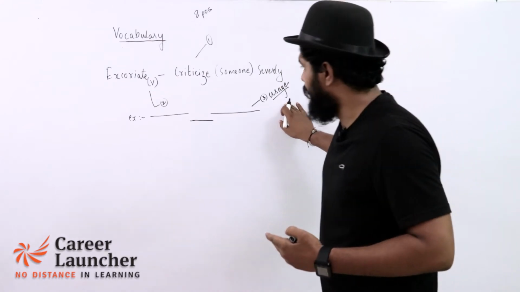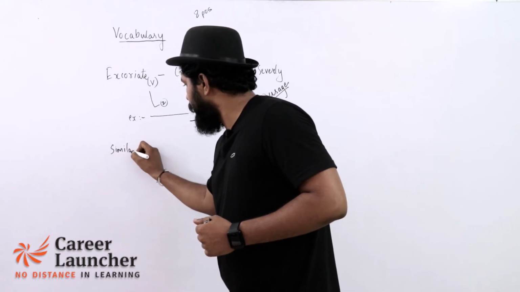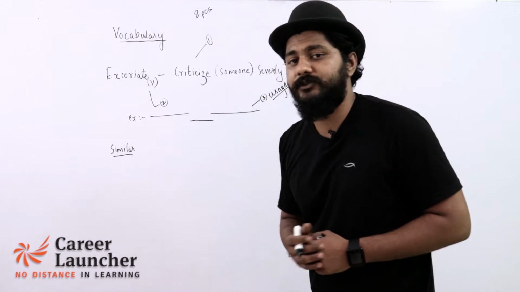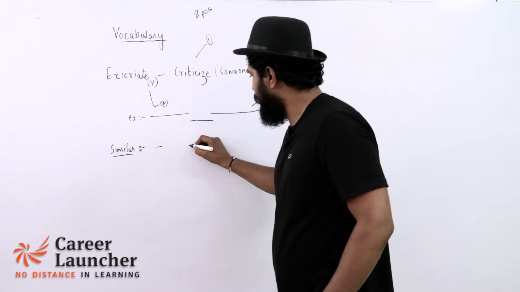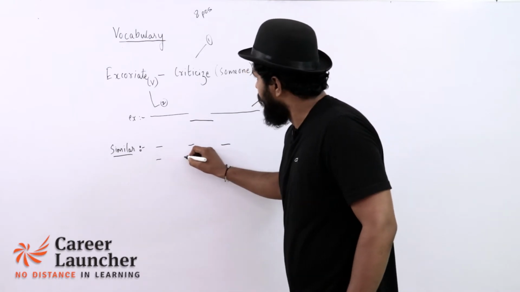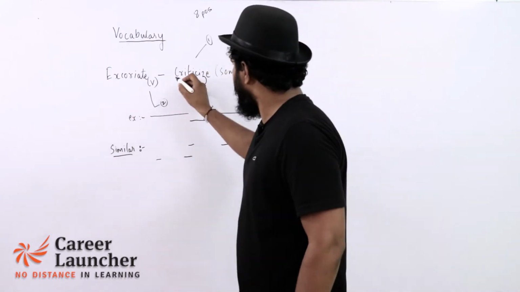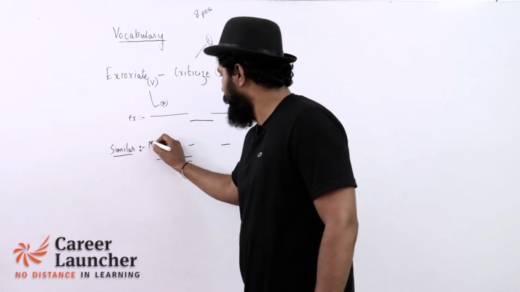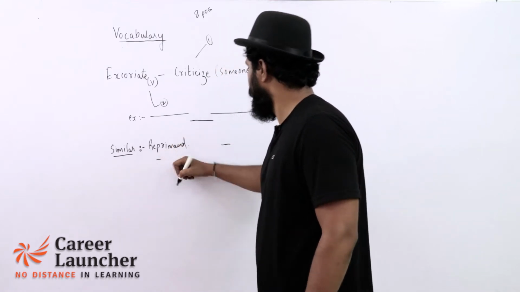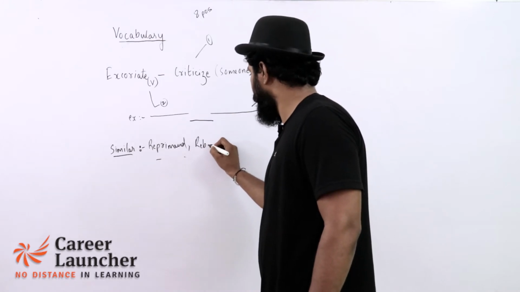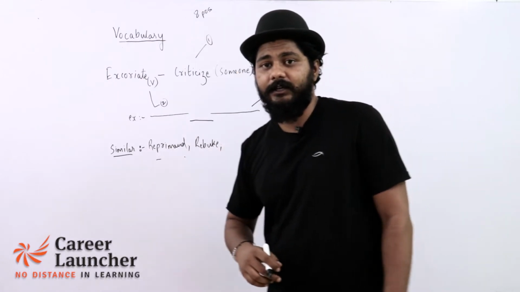Apart from this, we have few more aspects. Here you'll have the synonyms of the words. Similar words will be given to you, and there will be many of them. In this case, the synonyms of the word excoriate will be probably, first criticize, second probably reprimand, probably rebuke, probably chastise, castigate, excoriate.